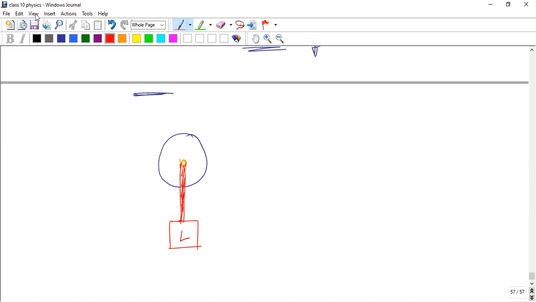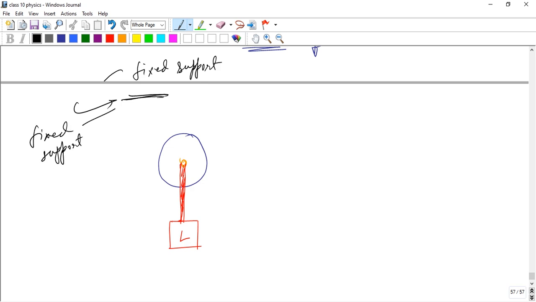So that is a thread, a rope, and that is a fixed support. Okay, it's a rigid ceiling.